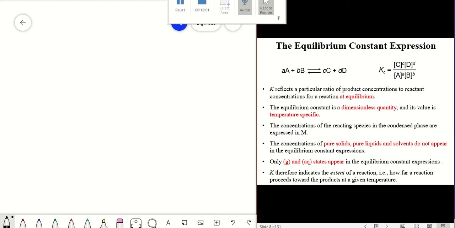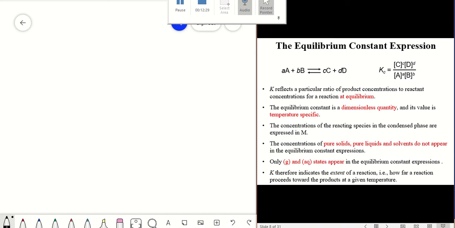Okay. Next thing, very important to remember is that in this equilibrium expression, the only states of the reactants and products that you're going to include are gases and aqueous. If there is anything that is solid or liquid in the given reaction, that will not be included in this expression. It would be omitted from the expression of the equilibrium constant.